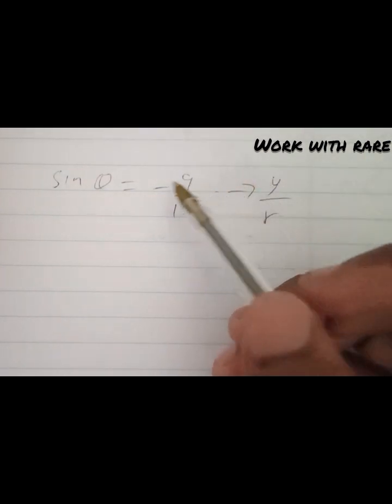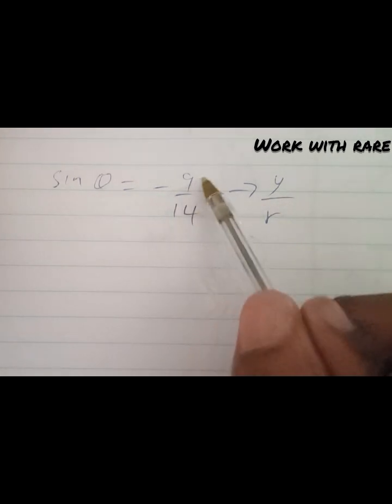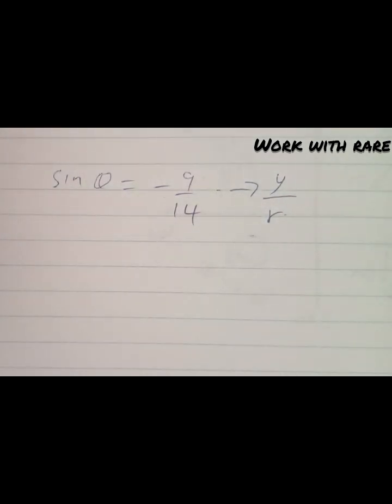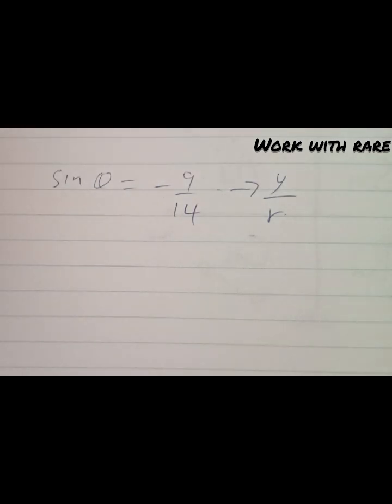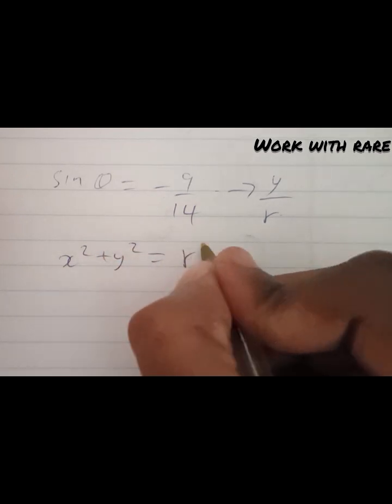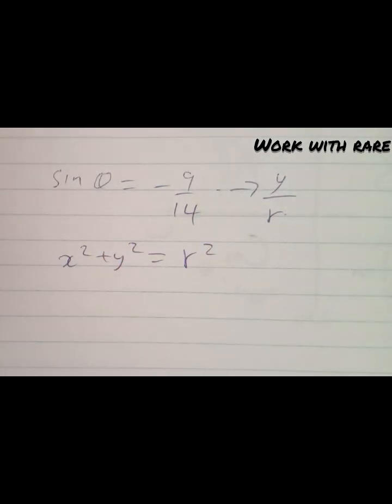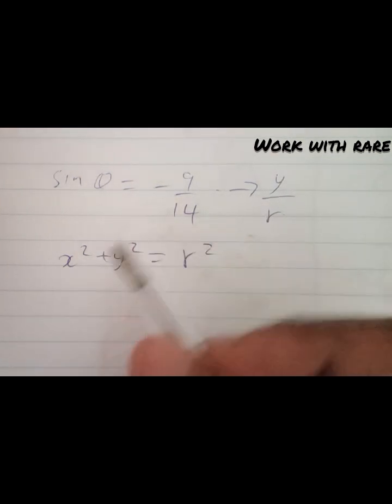So r cannot be negative, which means the negative sign is for the opposite only. So before I can answer any question that will follow, I should calculate x. How will I calculate x? I should use Pythagoras. You will have to use this formula. So remember, in this case, what we are looking for is x.